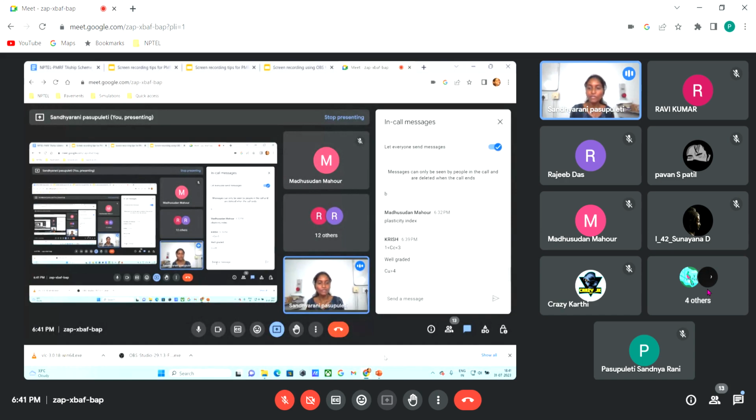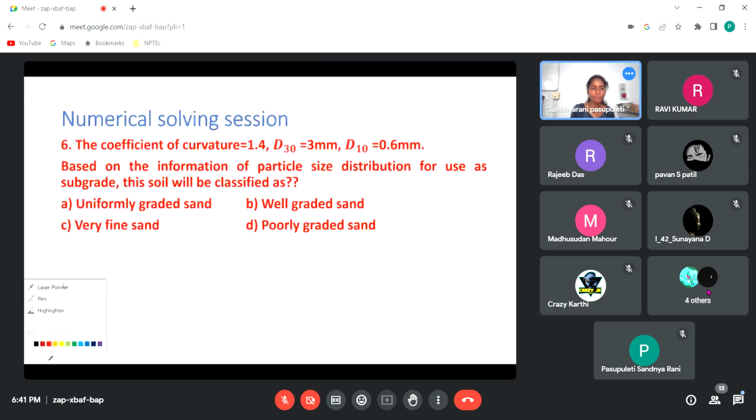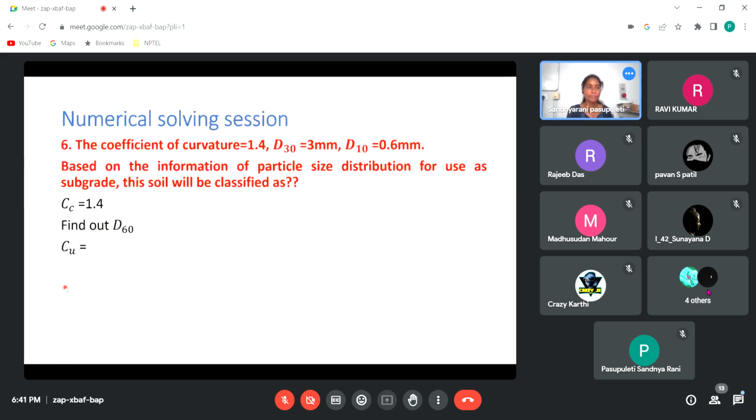We already know the formula for Cc. See, we need to determine the D60 now because we want to calculate the coefficient of uniformity.